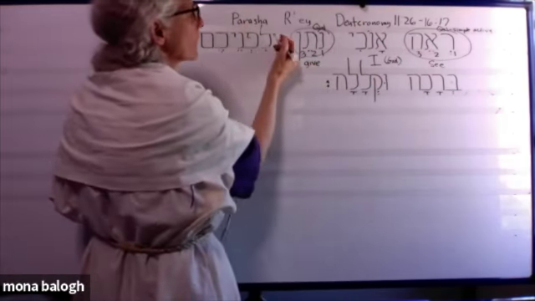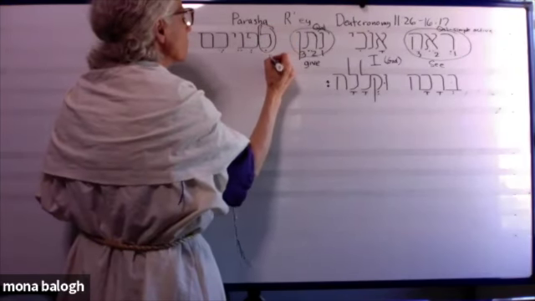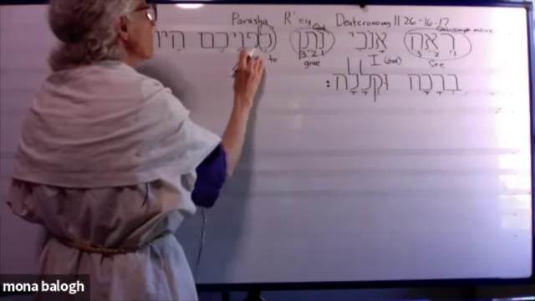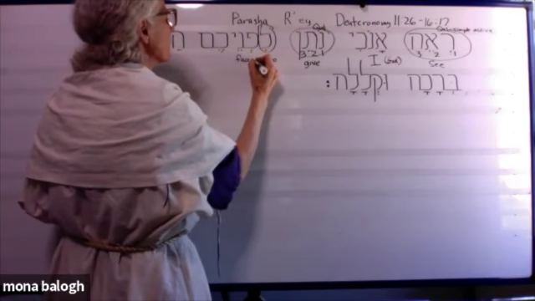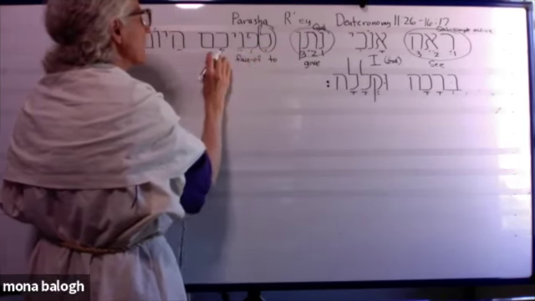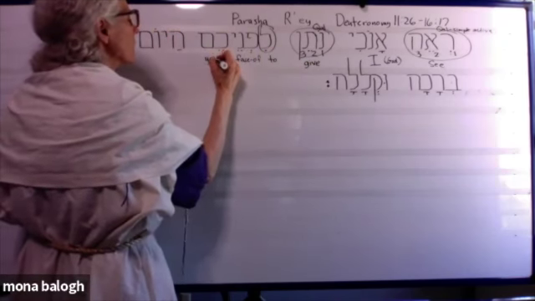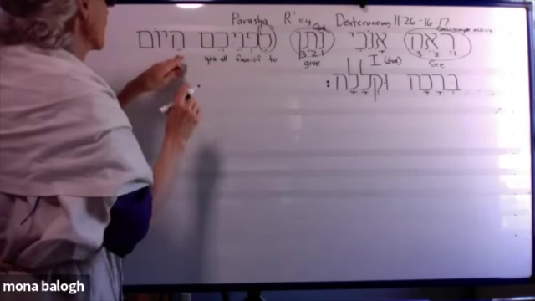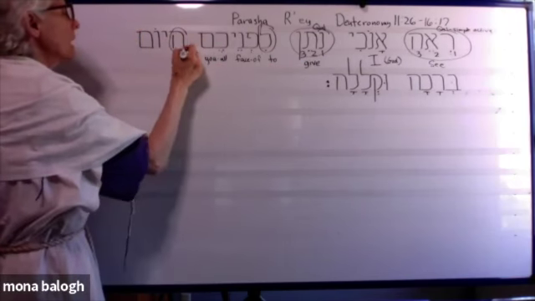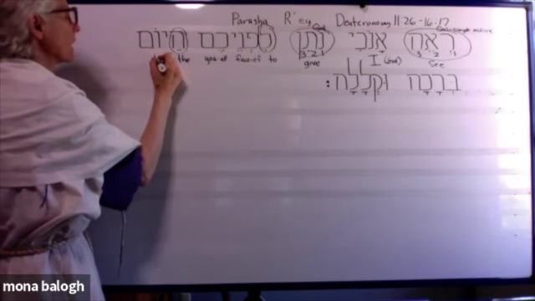Lifnechem. Okay, so you've got the Lamed, which means to. And Pnei is face of. Chem is a pronoun suffix, which means you all. To face of you all. Hayom. Hey is the. Yom is day.